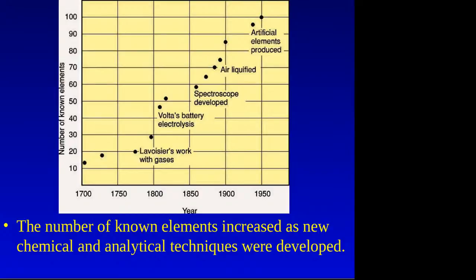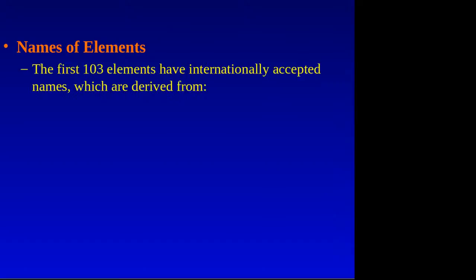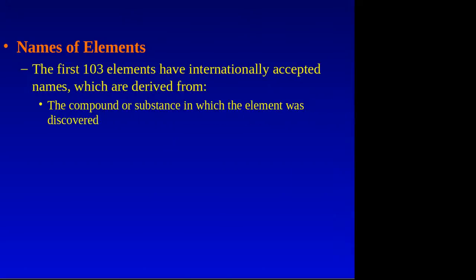Now, as we developed different ways to find the pure elements, we were able to break things down, we started finding more and more of them. And so different techniques let us discover how many of the elements there were. And so we start naming these things. Those names are accepted so that we can talk across the world.